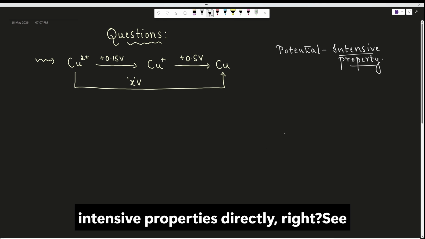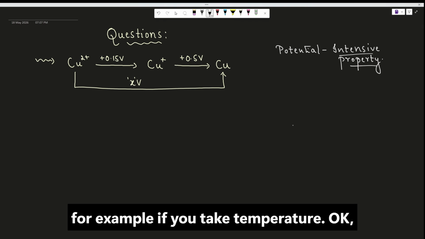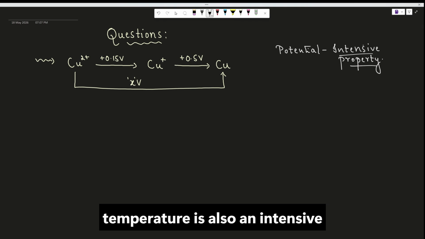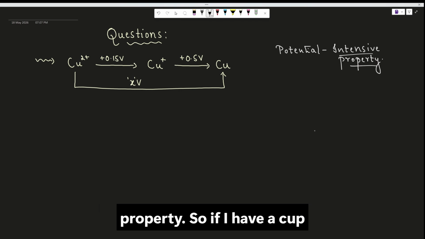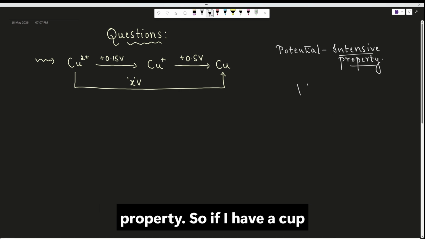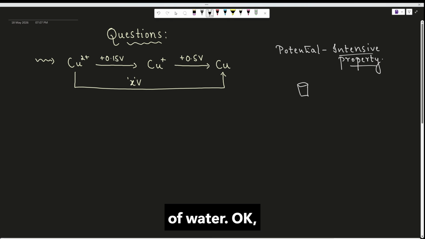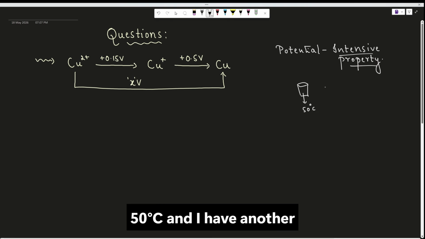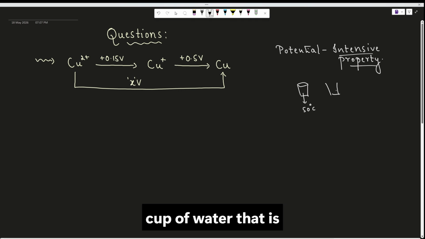Right. See, for example, if you take temperature. Okay, temperature is also an intensive property. So if I have a cup of water, okay, so that is at say 50 degrees Celsius, and I have another cup of water that is also at 50 degrees Celsius.